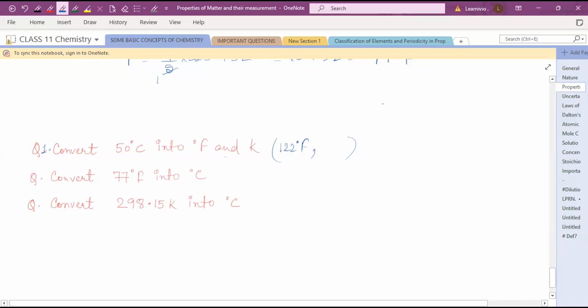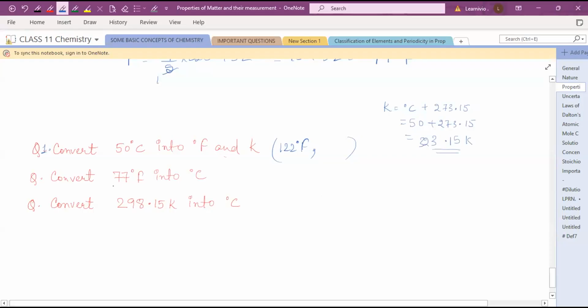You're supposed to use the formula Kelvin equals to degree Celsius plus 273.15, right? So here the degree Celsius is 50 degrees Celsius plus 273.15. So it will be 323.15 Kelvin, right? So this is your final answer.